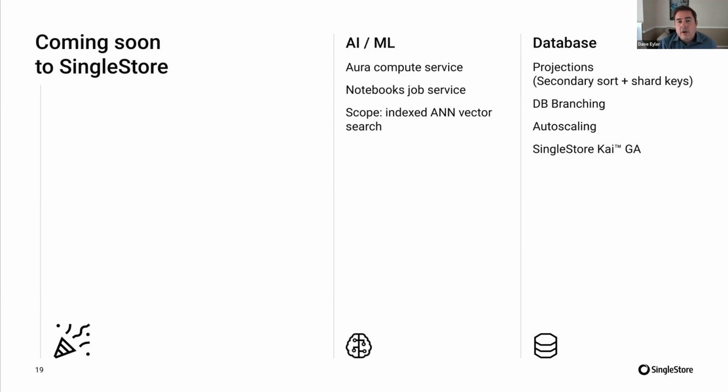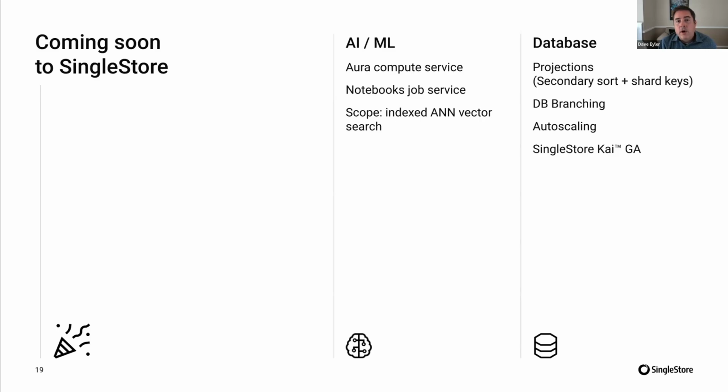They don't all have to have their own copy. They can all work off a branch of the master database and not interfere with each other. And it's just a huge productivity booster that is going to be in private preview in 8.5. Please contact us, current customers, if you want to try it, and it'll be GA early next year.